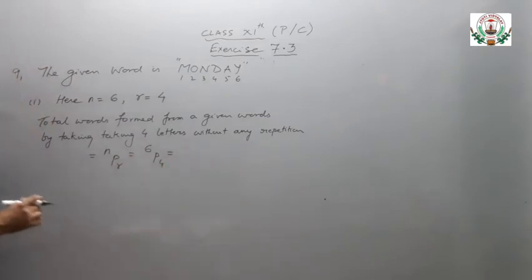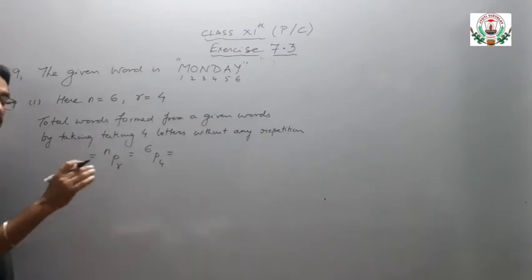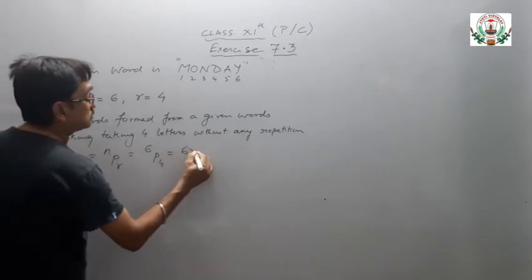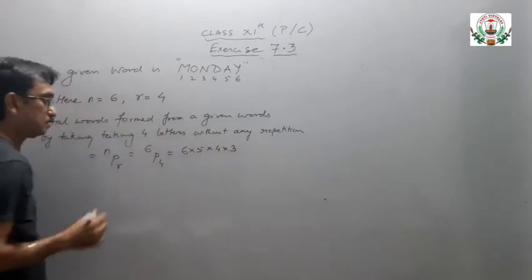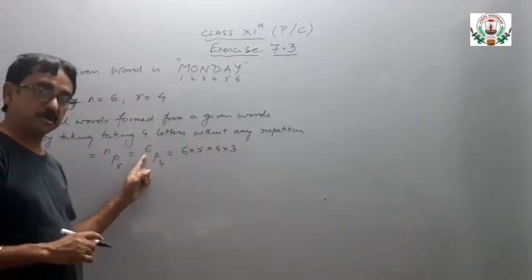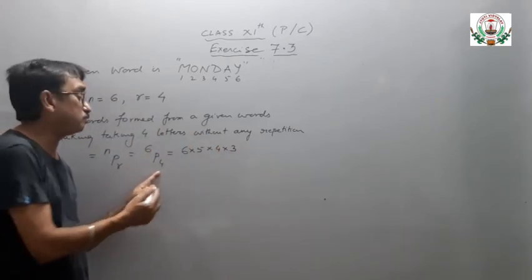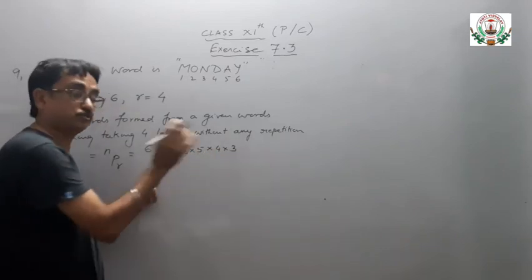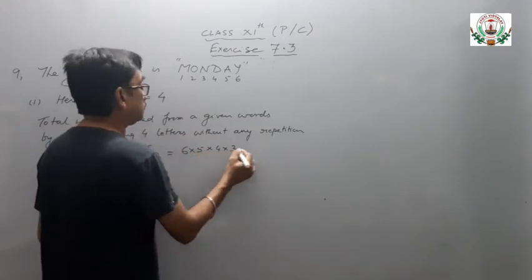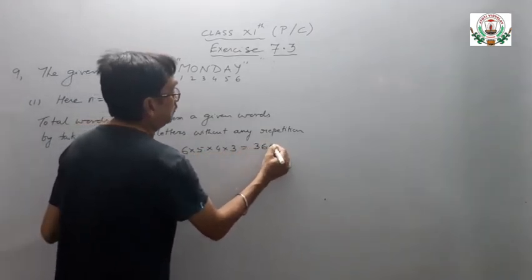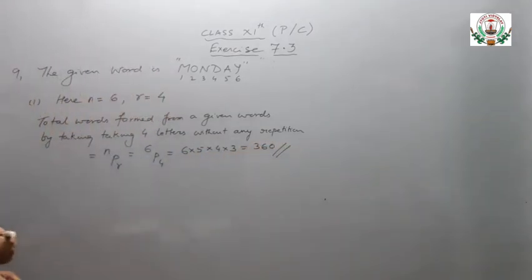And 6P4 directly we can also simplify as: in descending order, write numbers from 6 down to 4 numeric terms. 6 into 5 into 4 into 3. Start from 6, r value is 4, so 1, 2, 3, 4, stop it. 6 into 5 into 4 into 3, so 30, 120, and 360 is our answer.